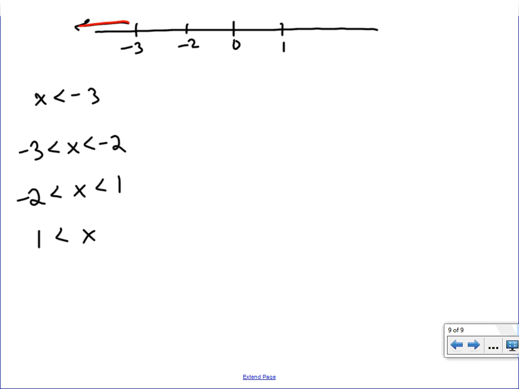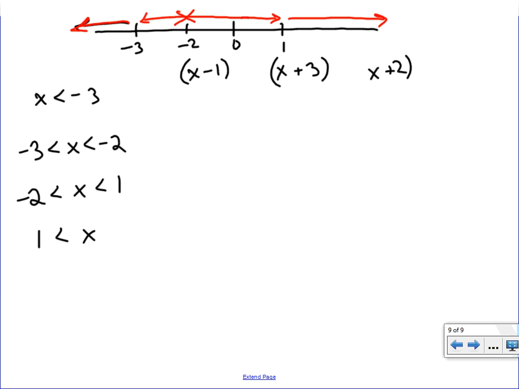So my first interval is here, my next interval is here, my next interval is here, and my next interval is in this area. For my sign chart, I put values into our particular function. Remember, my original function was broken down into these 3 pieces, taking all of these factors, x plus 3, x plus 2.